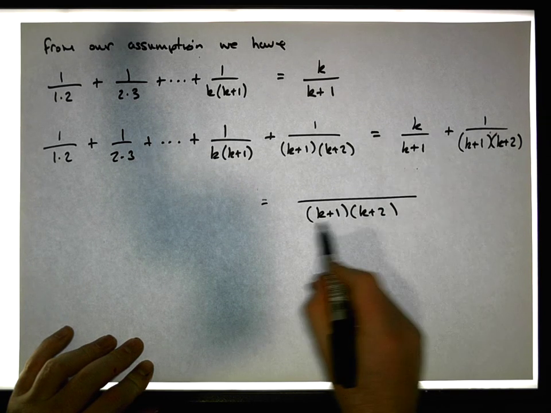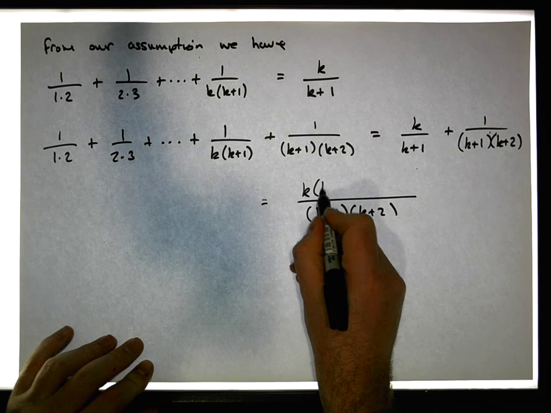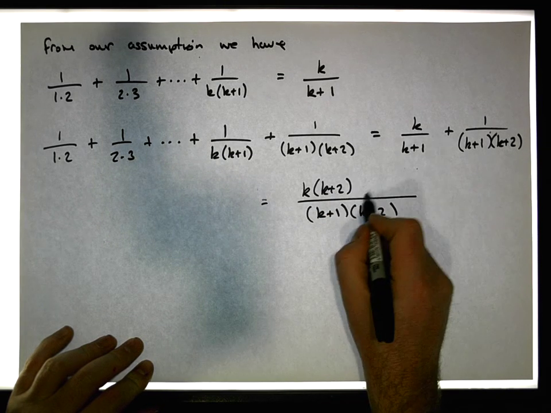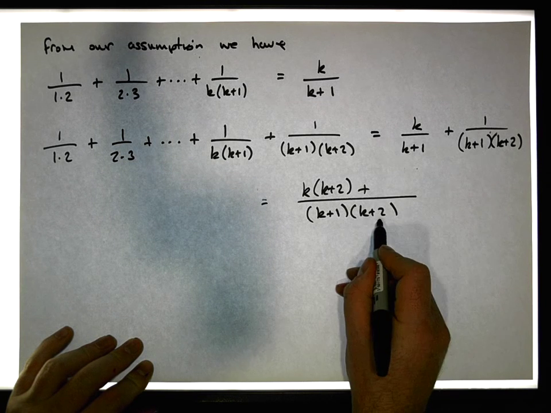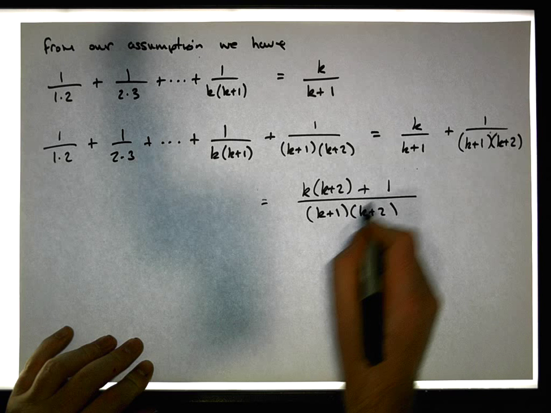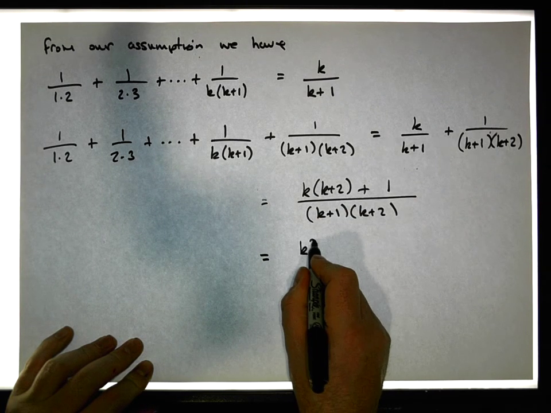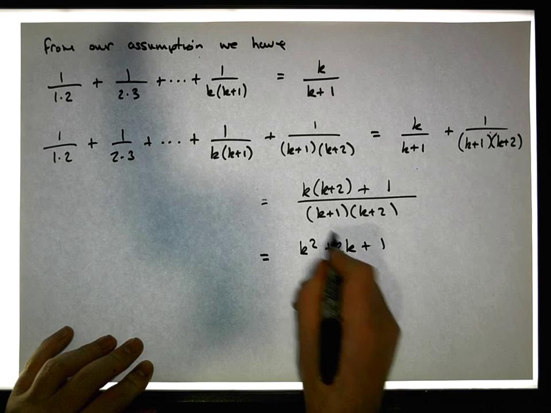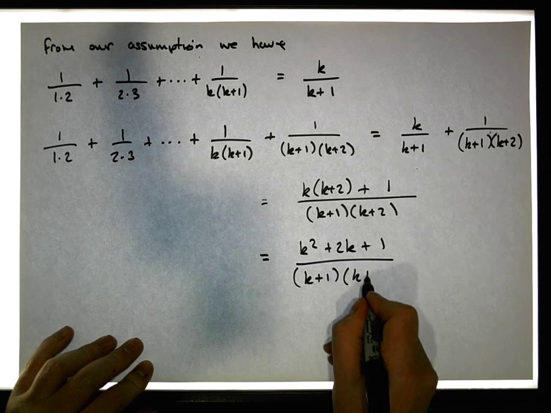K plus 1 into this goes k plus 2 times. K plus 2 times k gives us k times k plus 2, plus k plus 1 times k plus 2 divided into k plus 1 times k plus 2 goes once, so it's plus once times 1, which gives us 1. Multiplying out the brackets, we have k squared plus 2k plus 1 as the numerator, divided by k plus 1 times k plus 2.